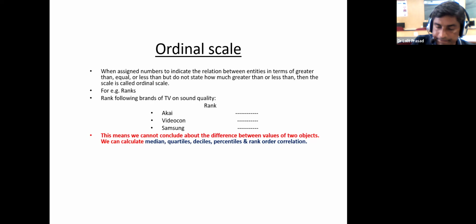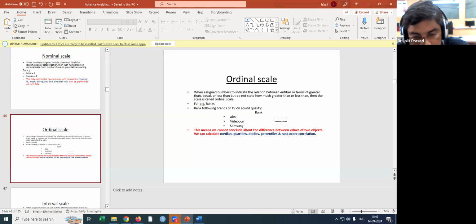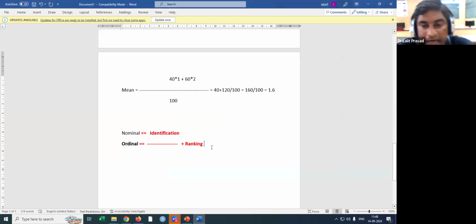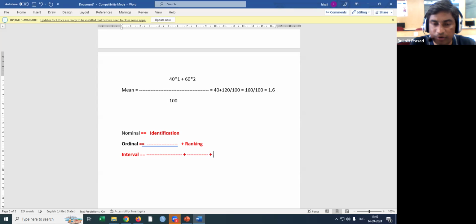Then the next scale we are talking about is the interval scale. In the case of interval scale, identification will be there, ranking will also be there, plus another important attribute, which is that the difference is there.